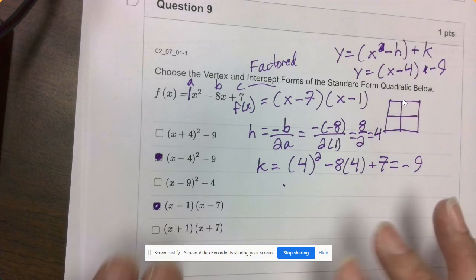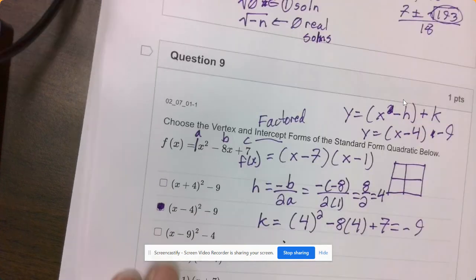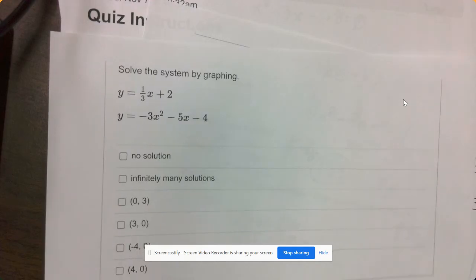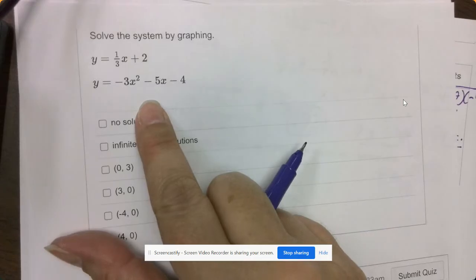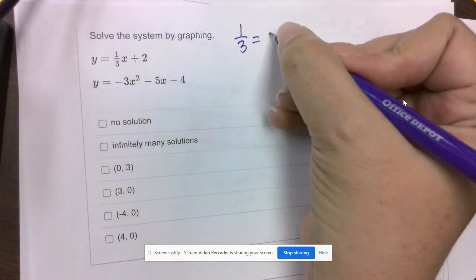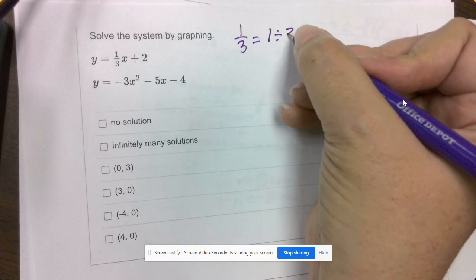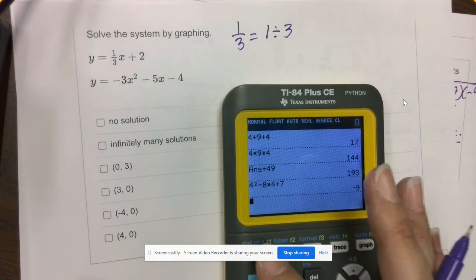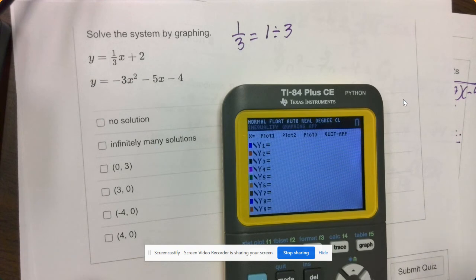Okay, last one, everybody. We got this. Okay, solve the system by graphing. So we're going to put this in. That 1/3, everybody, for the fraction, we're going to put it in as 1 divided by 3. Okay. So we're going to go to y equals. Make sure to clear it, everybody. So we're going to do 1 divided by 3.